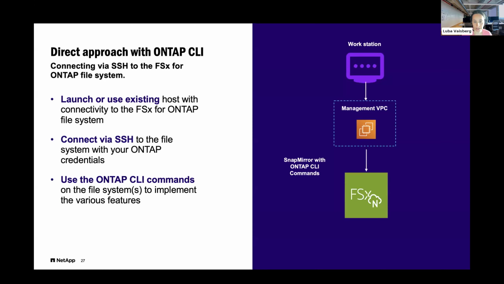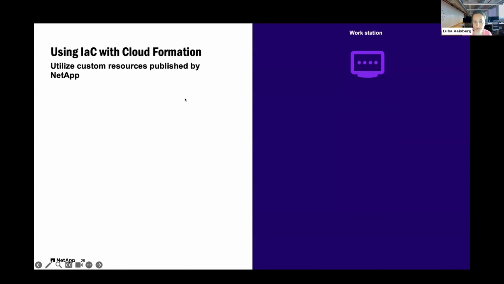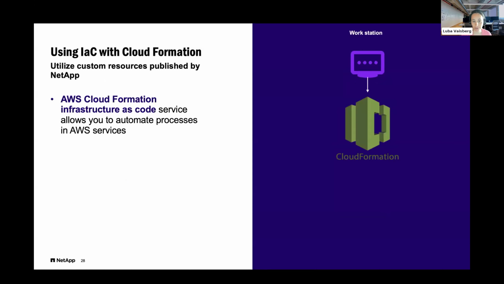The second option, if you prefer to do things in a more automated way, well, good news. We at NetApp have developed resources available in our GitHub, which you'll see a link to in the resources slide at the end of this presentation.